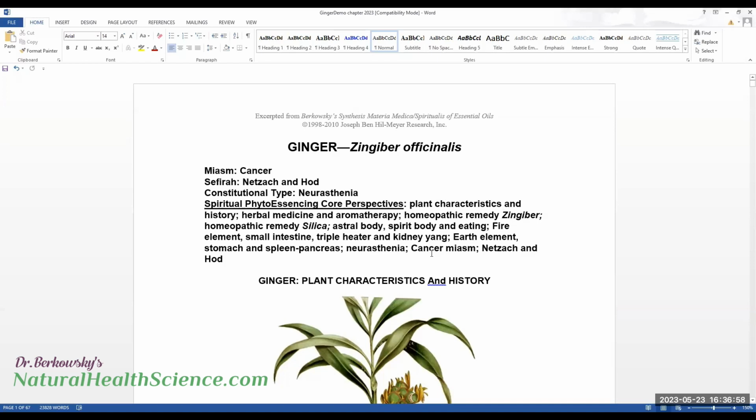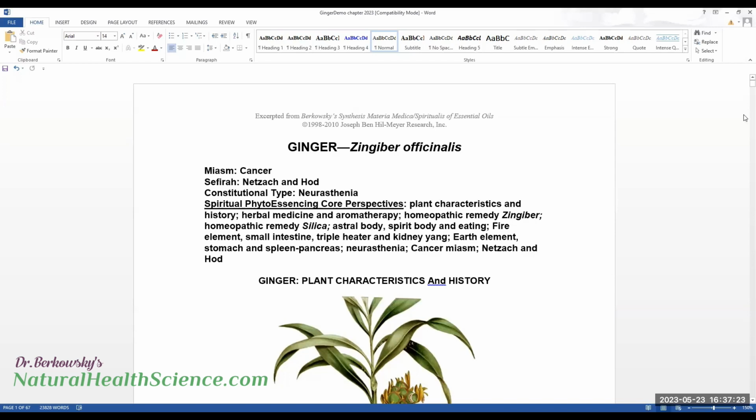Here, finally, you get to the miasm point. By this point, we already know a lot, so I'm using all this prior material to make my determination of which miasm it is. I'm not just pulling this out of the sky. I'm saying, based upon all of this that I've studied and written and laid out and really pondered, this is cancer miasm.